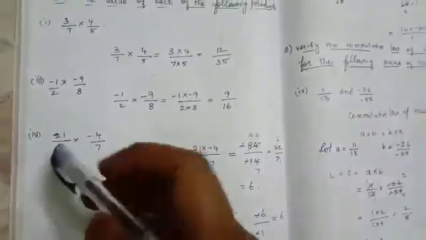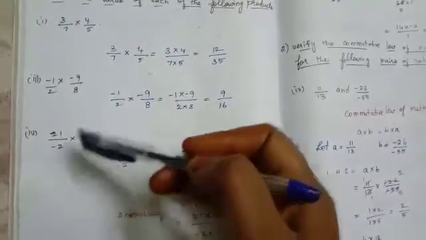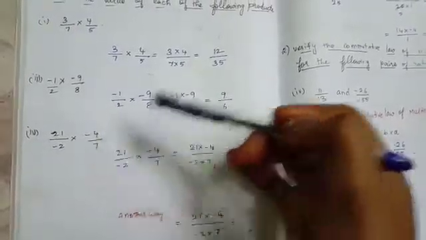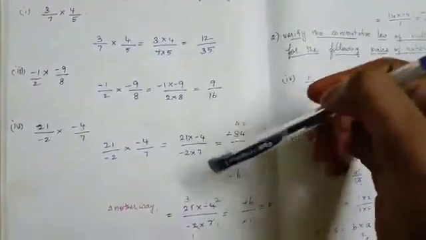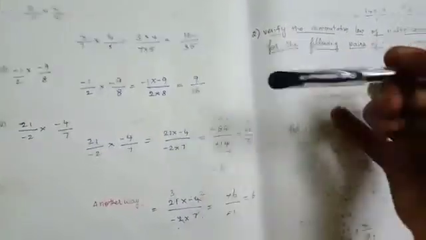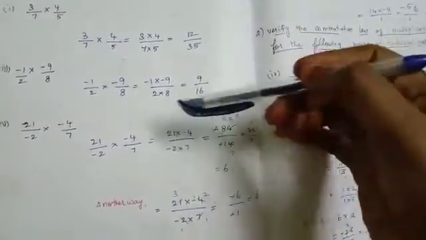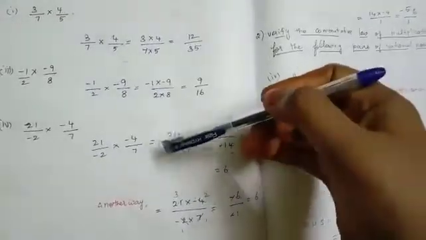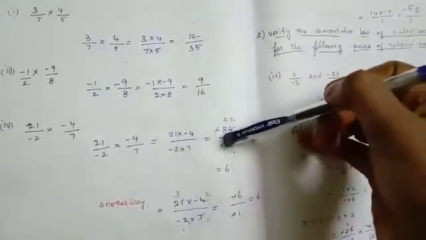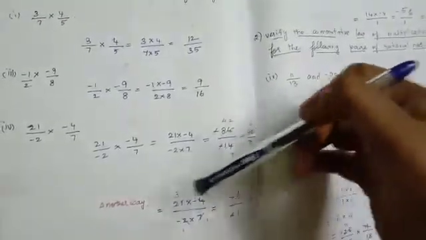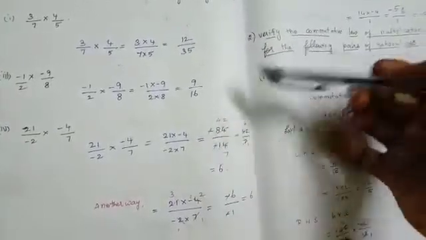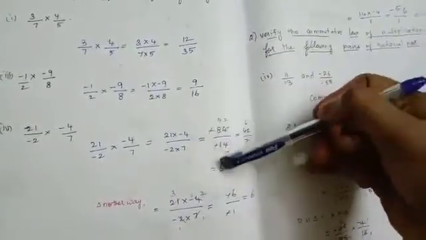The fourth subdivision, 21 by minus 2 is multiplied with minus 4 by 7. So 21 into minus 4 by 2, minus 2 into 7. So you multiply the number, 21 into 4 you get 84. This 21 is plus, so plus into minus minus. Minus into plus, minus, 2 7s are 14. The 2 minus in the numerator and denominator means cancelled.